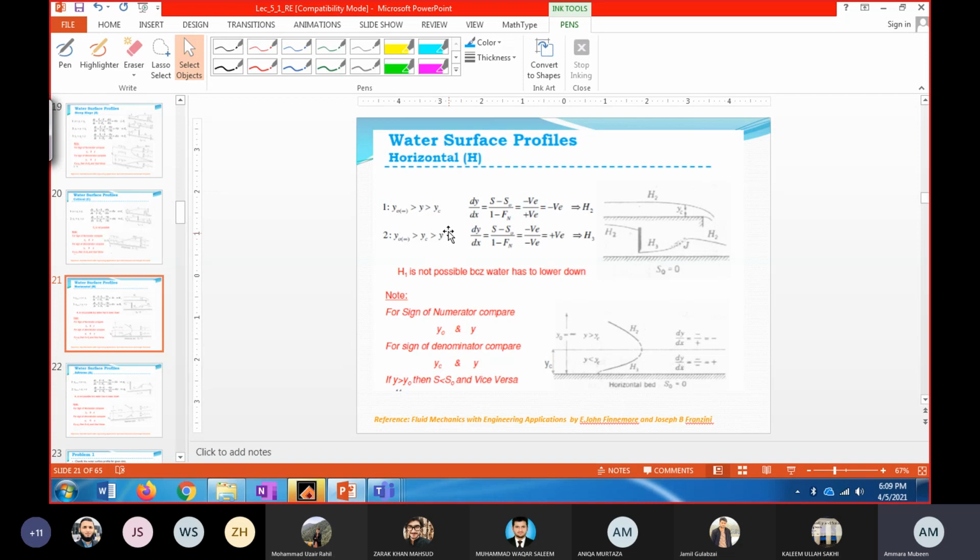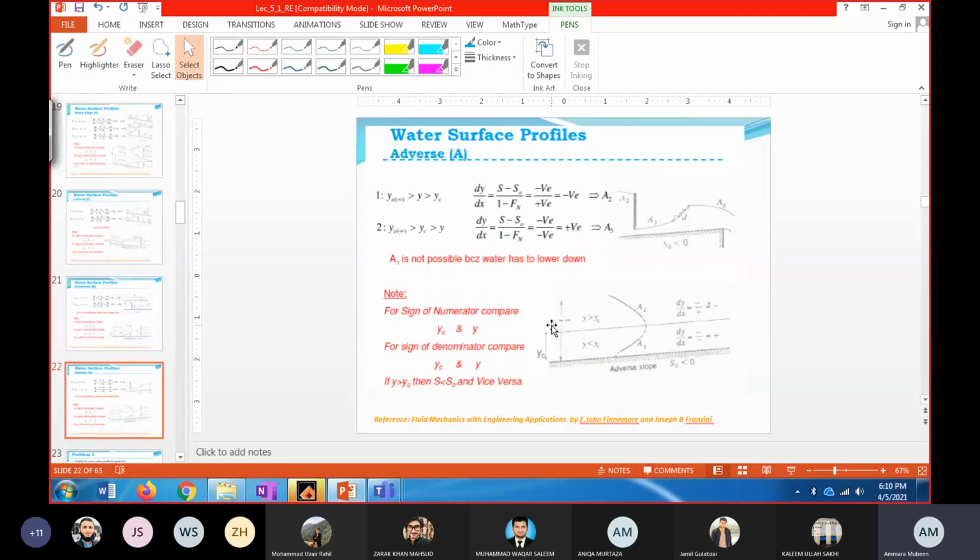So accordingly, we can classify the water surface profiles as H2 and H3. And the same governing equation will be used to determine the slope of the water surface profile.